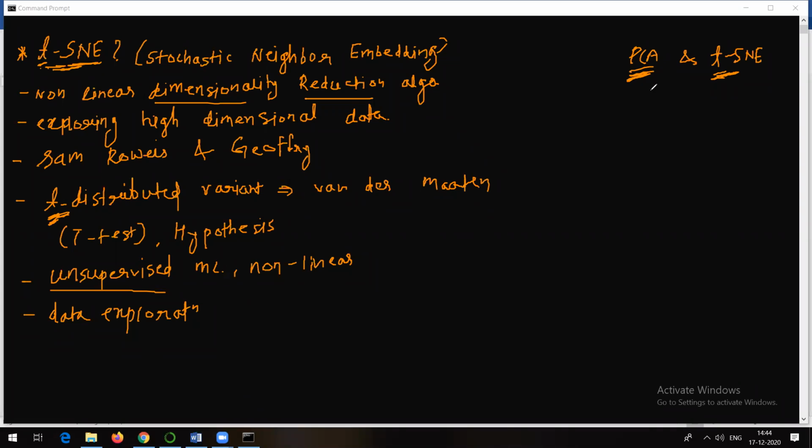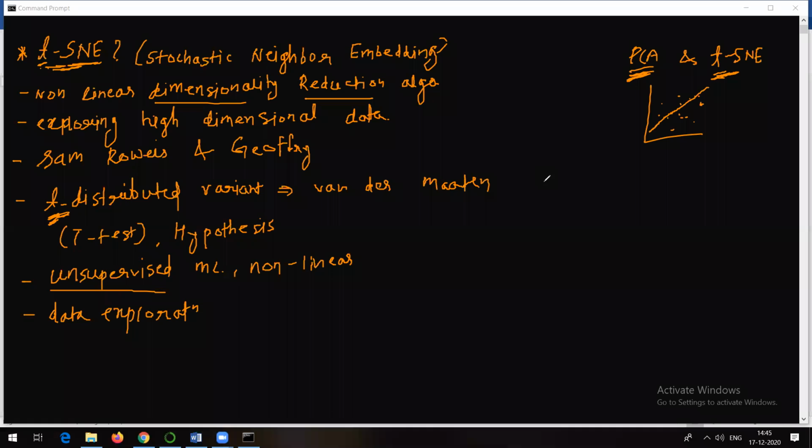That means if your data is linear, that is, if you plot a graph for your data and it seems to be in a linear fashion, then it should not be used. But for non-linear data, one can make use of t-SNE. That's why it's a non-linear dimensionality reduction technique, which is well suited for embedding high dimensional data for visualization in a low dimensional space of 2 or 3 dimensions.